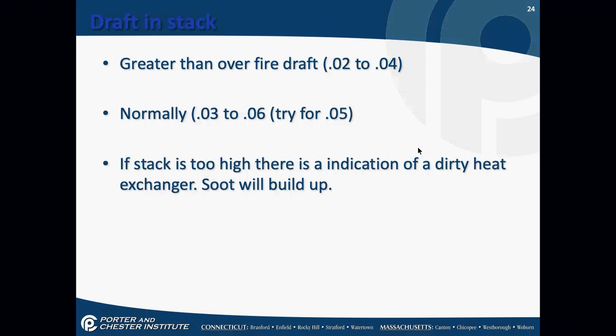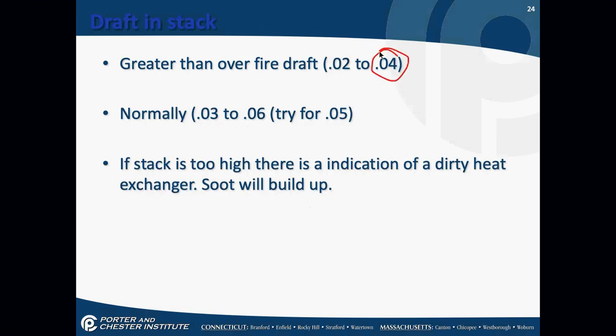Draft in the stack, which is your chimney or the outlet of your furnace or boiler, has to be greater than the over-the-fire draft. Again, we need to keep this negative pressure going. Our stack draft is normally in the area of 0.03 to 0.06.